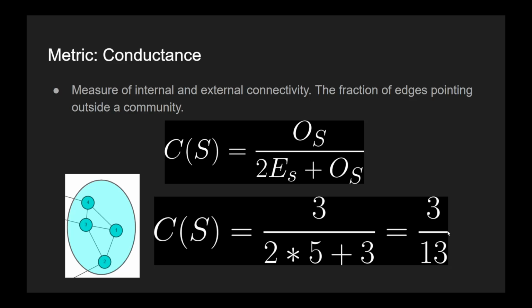And remember that for conductance, in terms of community detection, the lower the better. 3 over 13 is pretty small, but it could be better, right? In this example graph, we have 3 edges pointing outside the community, and there's only 4 nodes. However, the internal density, as we saw, is pretty good, so that makes the conductance better overall as it scales the denominator higher.